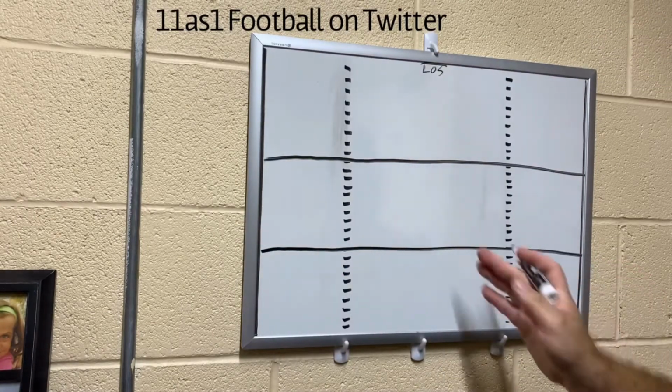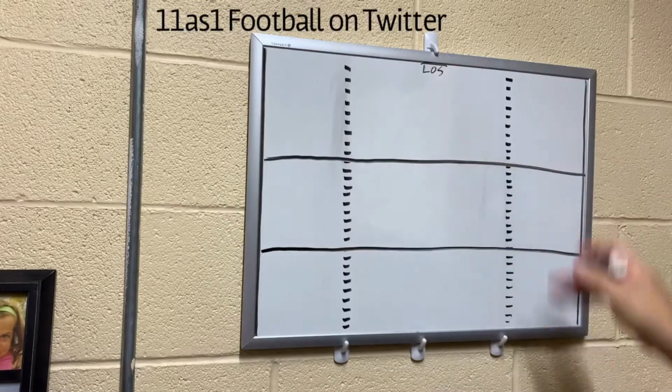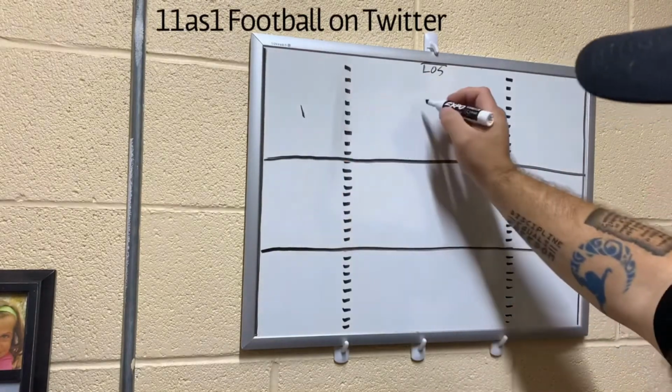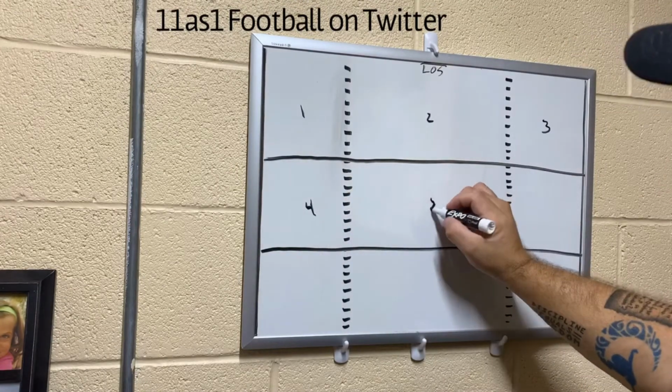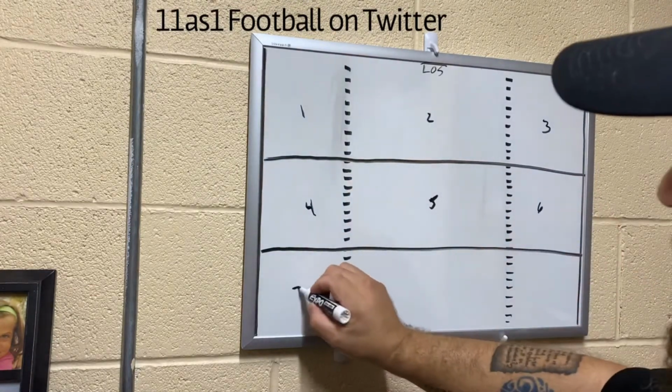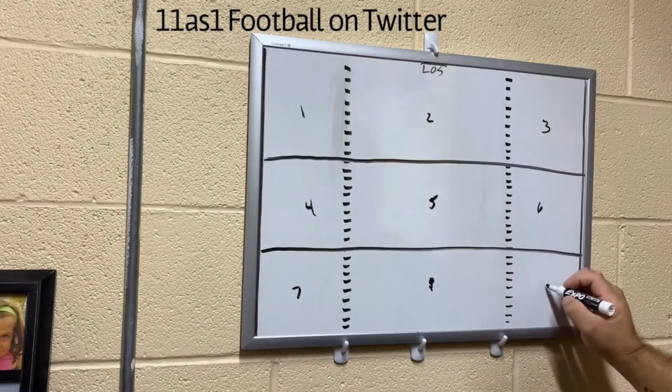Take it to right there. So then we're looking left to right, top to bottom. Zone 1, zone 2, zone 3, 4, 5, 6, 7, 8, 9.